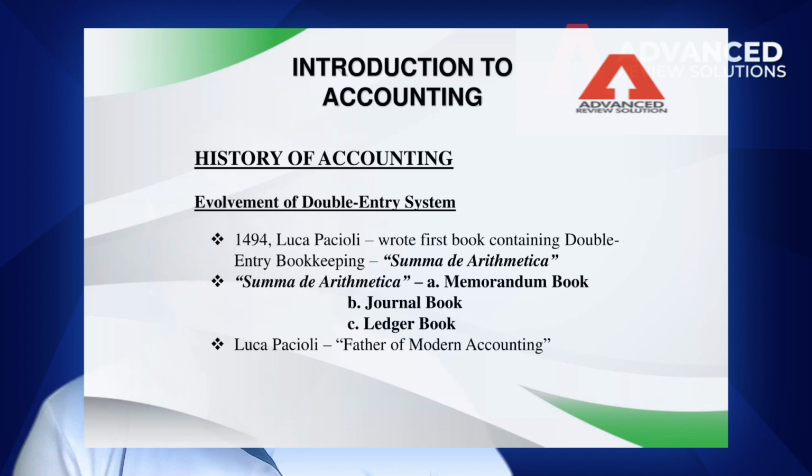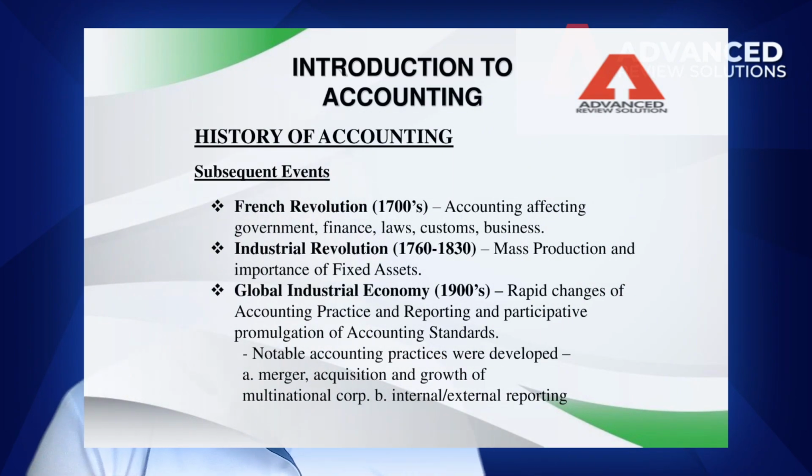Anyway, also very important is the evolvement of the double entry system. So in fact, in 1494, Luca Pacioli wrote the first book. It is known as Summa di Arithmetica. It includes the memorandum book, journal book, ledger book, and in fact, he is the father of modern accounting. Yes, he is the father of modern accounting. And in subsequent events, there would also be the French Revolution in the 1700s, wherein very important is accounting, that will affect the government.